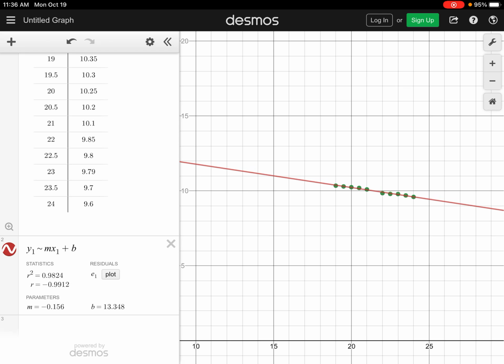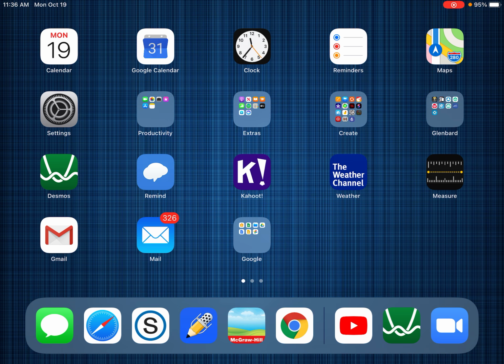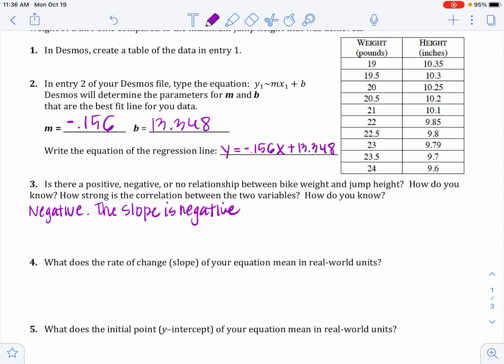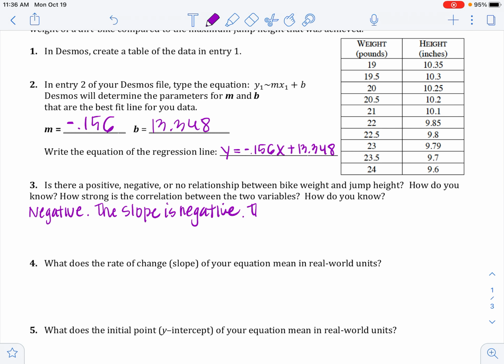So make sure you're not using R squared. Make sure you're using R. You can see that it's negative 0.9912. Go back here. So how strong is the correlation between the two? There is a strong negative correlation.